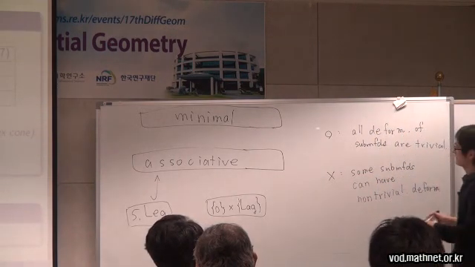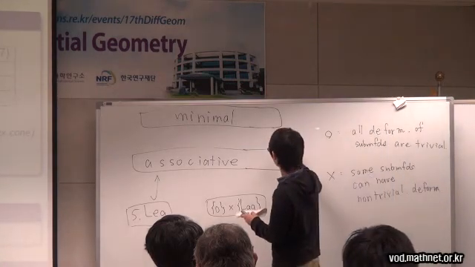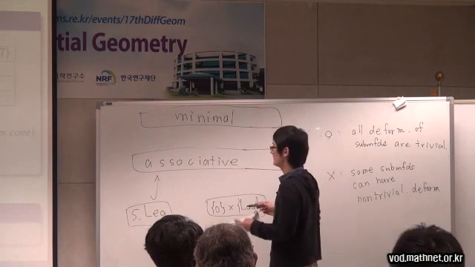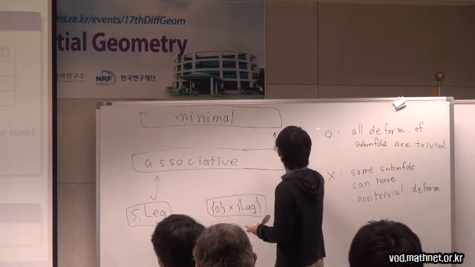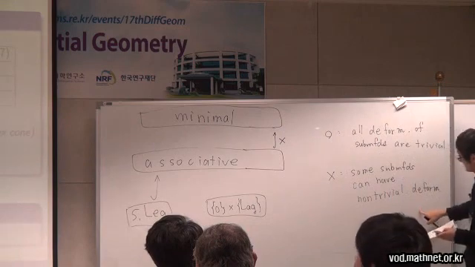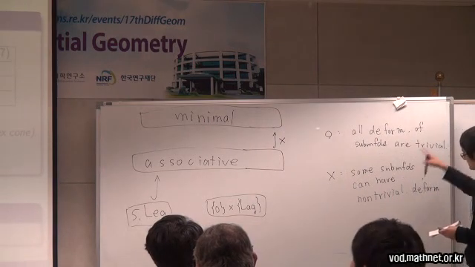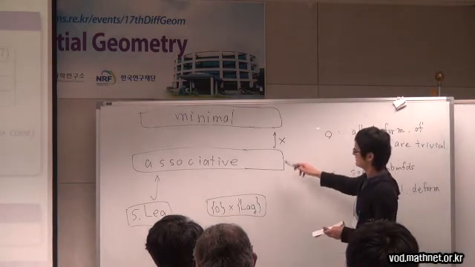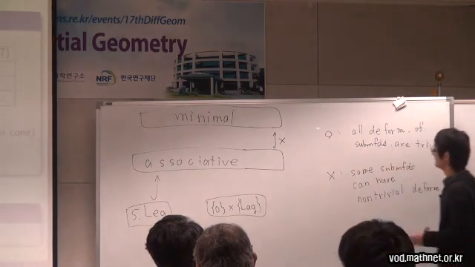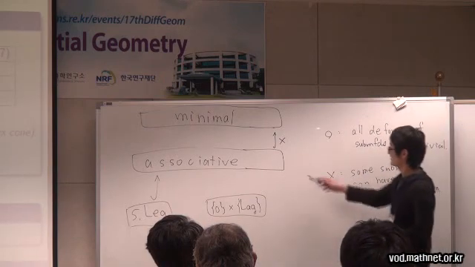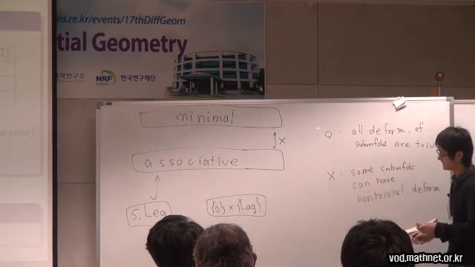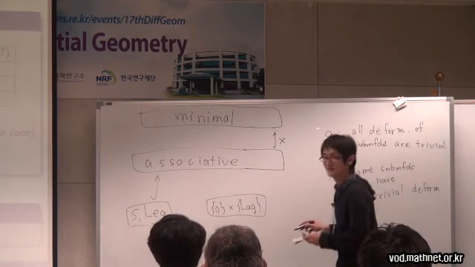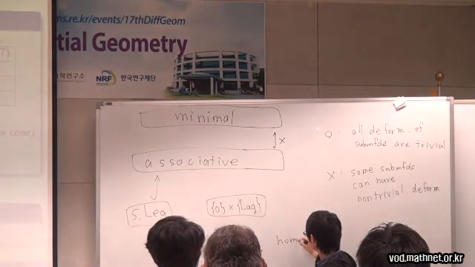So from the first lemma, we see that in the difference of associative, A3 can have non-trivial deformations. By using this notation, we see that the difference of minimal and associative is cross. Homogeneous case? Yes, homogeneous.